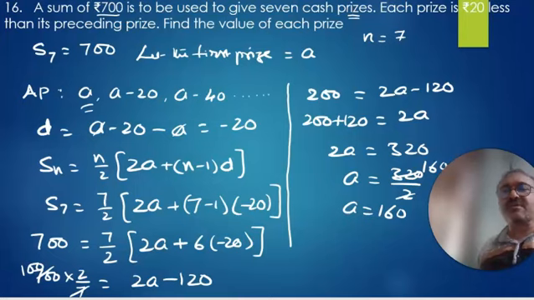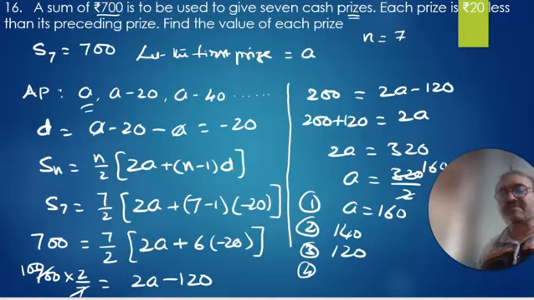Now find the value of each prize. So first prize a is 160, and second prize 160 minus 20, 140. Third 140 minus 20, 120. Fourth 120 minus 20, 100.